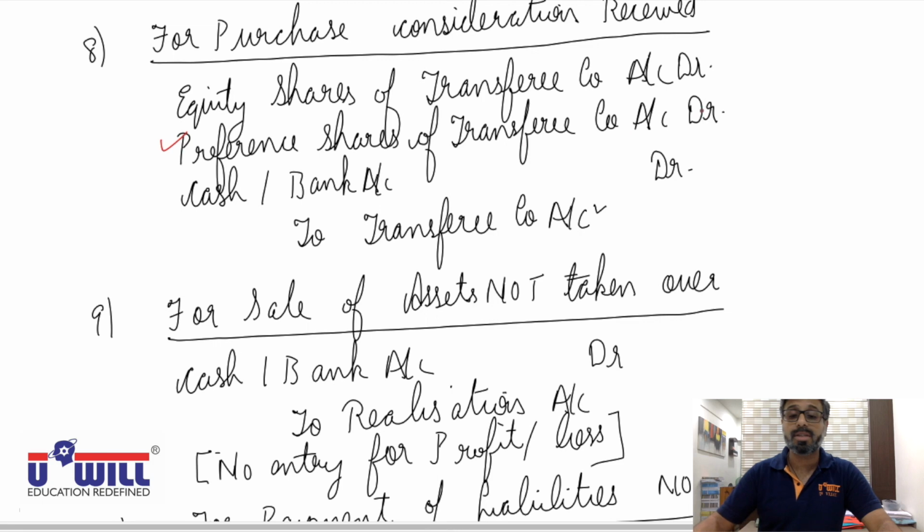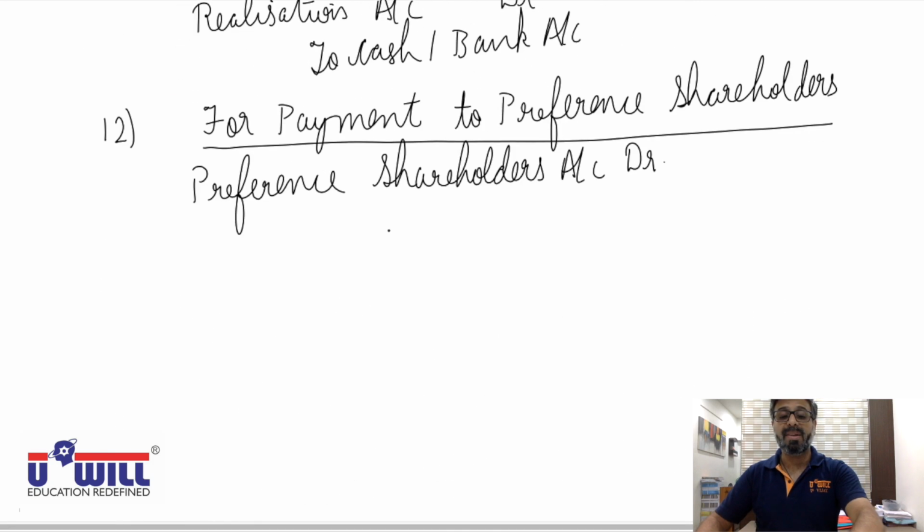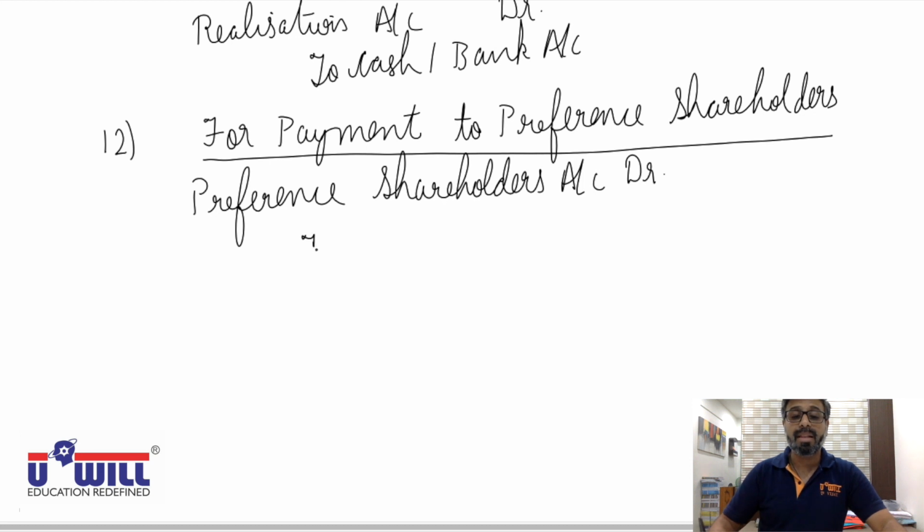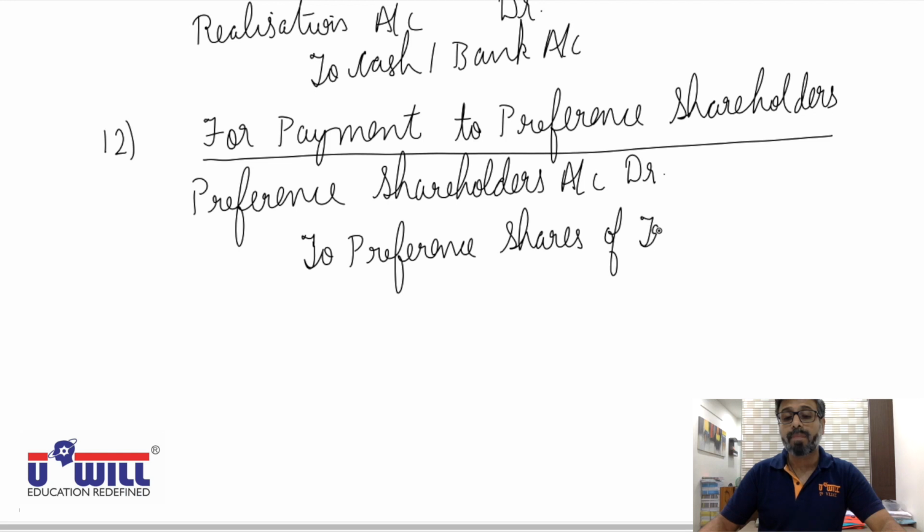These preference shares which we received of the transferring company. If we give them these preference shares, then preference shares go out, so credit preference shares of transferring company account.